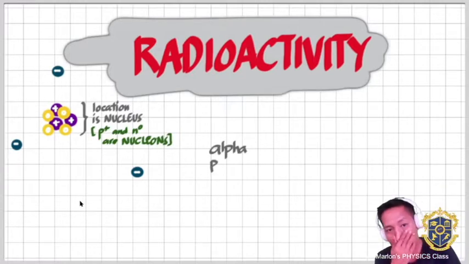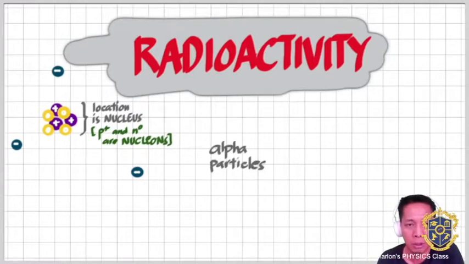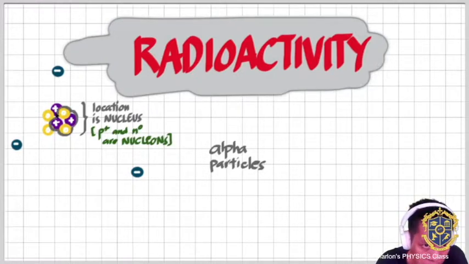Another thing that you have to remember as a recall about radioactivity is the so-called alpha particles. These alpha particles are basically these ones. Usually, alpha particles are emitted from the nucleus by heavy elements. This one is lithium, in my drawing, because we have 3 protons.